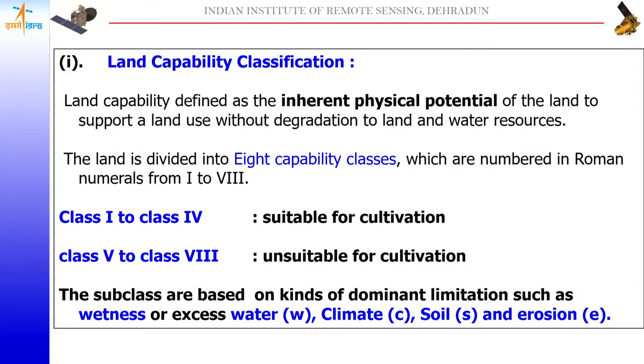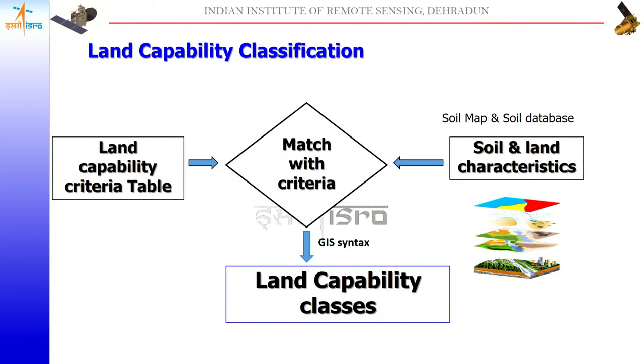The limitation may be water limitation, maybe excess of water, waterlogging conditions, climatic conditions. Soil may be a limiting factor, or erosion, land degradation, because erosion may be a limiting factor. So these 4 limitations we also mention. How do we achieve the land capability classification?